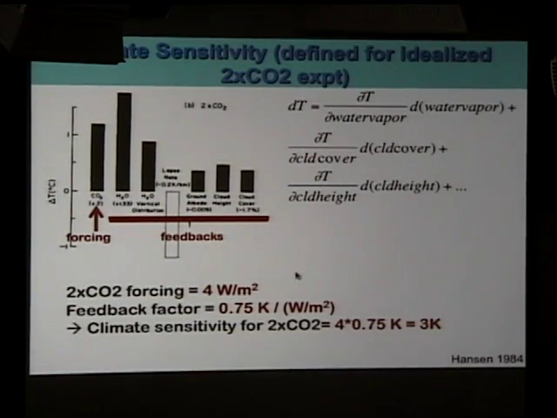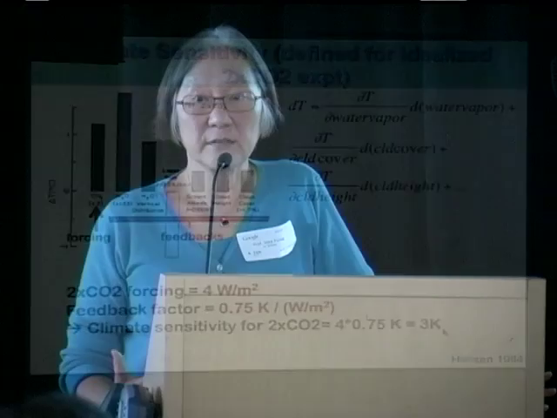So if we come back here, the two things are the same. For 2 times CO2, you can calculate a forcing of 4 watts per meter squared, using the feedback factor I just showed you. Then the climate sensitivity, which is just a convenient term, is 3 Kelvin. Okay, so you get the idea of what we have to do. So now we come back to the greenhouse gases.